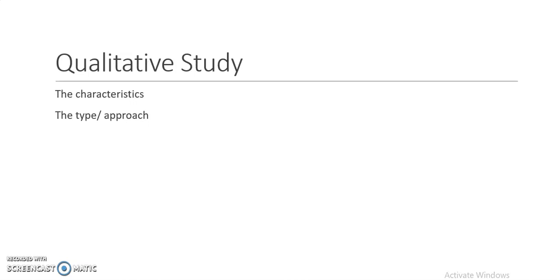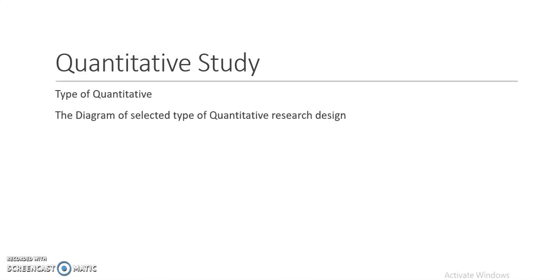Like I mentioned here, if you choose a qualitative study, you have to mention the characteristics of the qualitative method which conform to your research question. And in selecting the appropriate type of qualitative study, you also have to mention the reasons why the type that you select is appropriate to answer your research question.